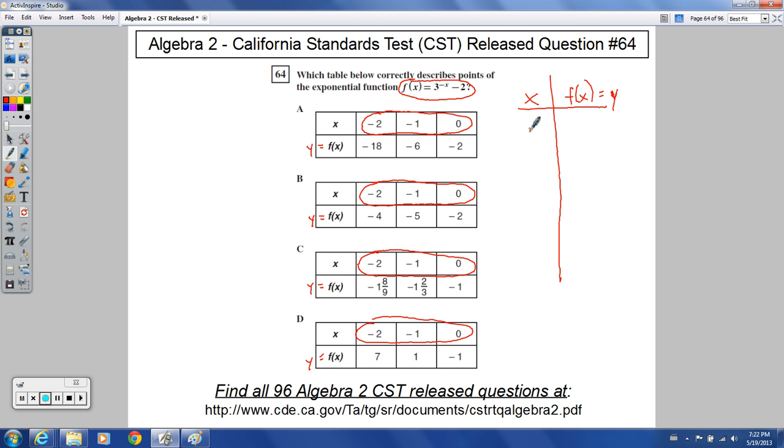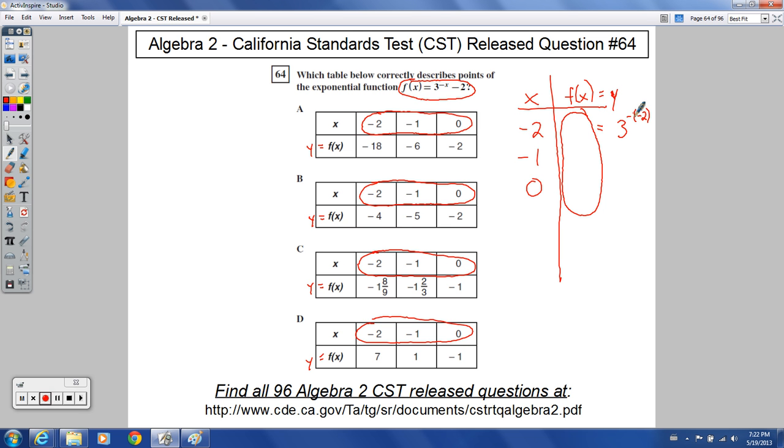And so let's plug in -2, let's plug in -1, let's plug in 0, and see what we get. I'm going to leave a blank spot for the answers for now, but let's plug in 3 to the negative 2. Careful there. The equation has a minus sign in it, but the value here is negative.